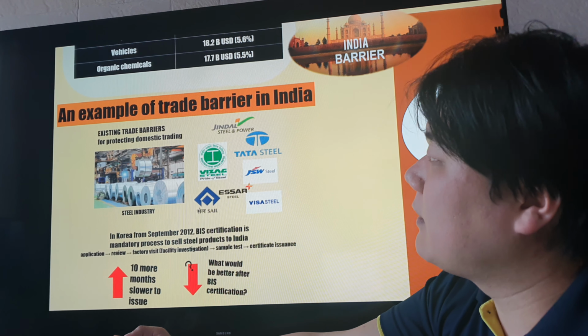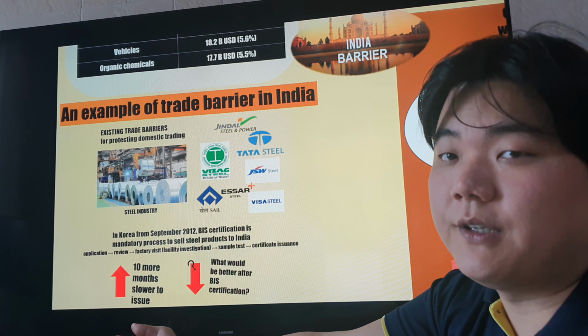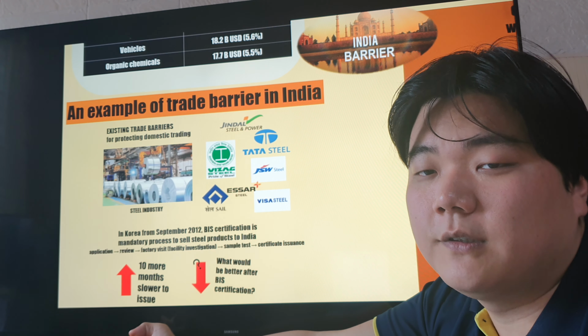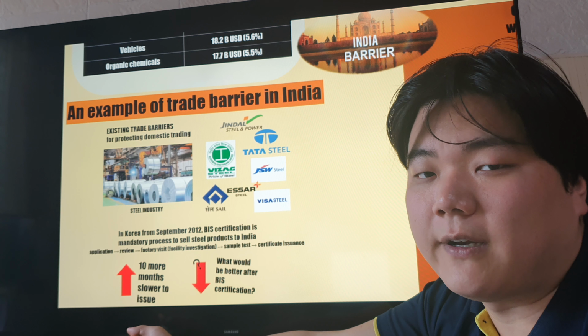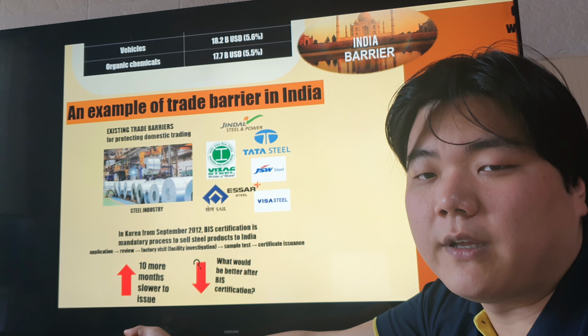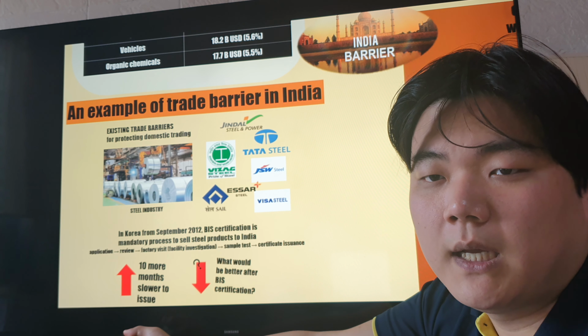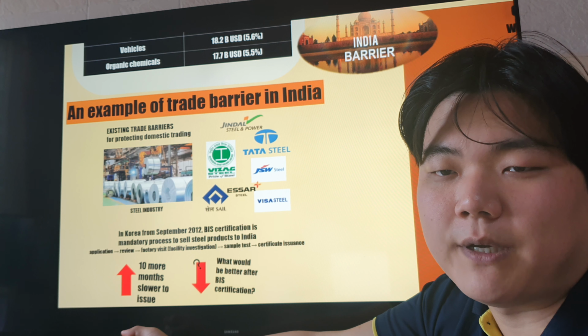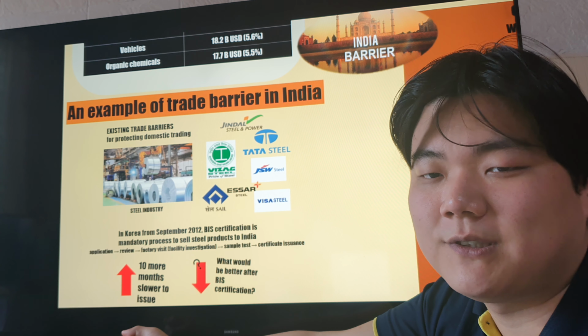Before we give an example of trade barriers in India, we found a company's case, a specific case of non-tariff barriers in India. There are 6 factors about what they actually experienced. First, delayed product approval by complicated document requirements.